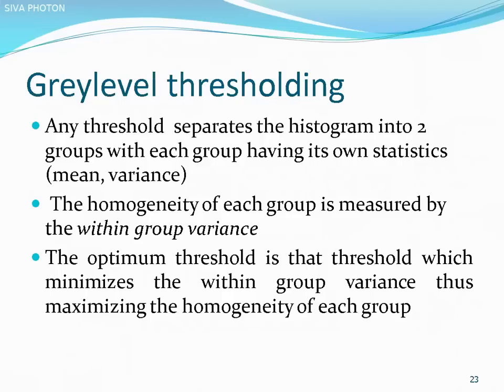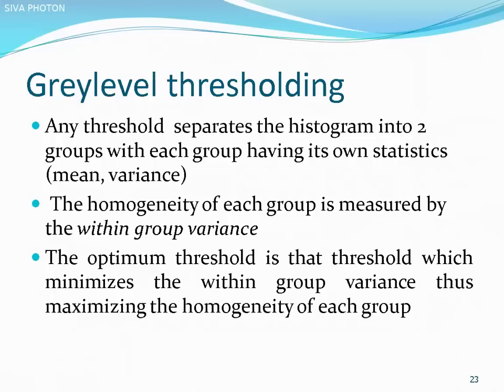We have to find the homogeneity of each group, and each group will have a separate mean and separate variance. The optimum threshold, the best threshold, is the one which minimizes the within group variance and maximizes the homogeneity of the group.